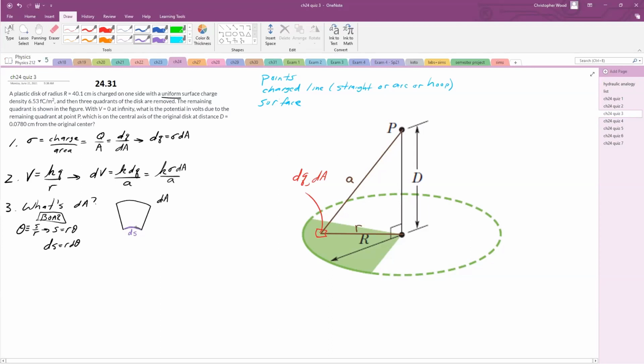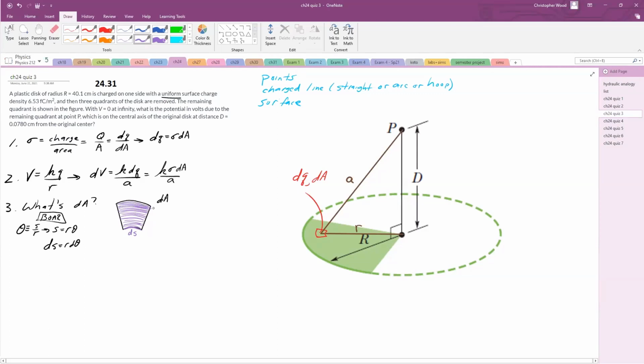How many of these arc lengths do I have? Let's count them up. I have 1, 2, 3. I have a whole bunch of these little arc lengths. And in fact, if I stack them up one on top of the other, like a stack of pancakes, if I stack enough of these differential arc elements, I am going to get dA.